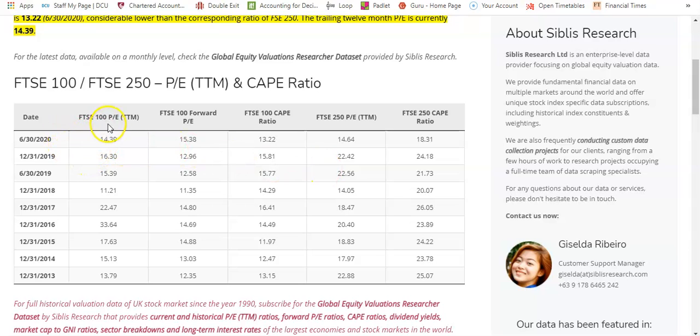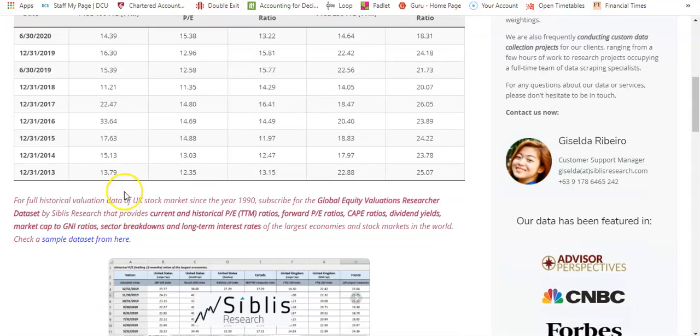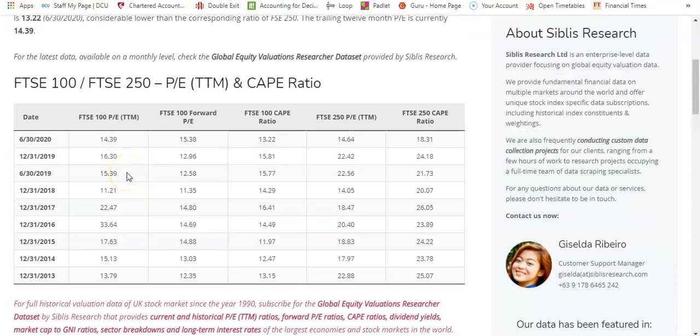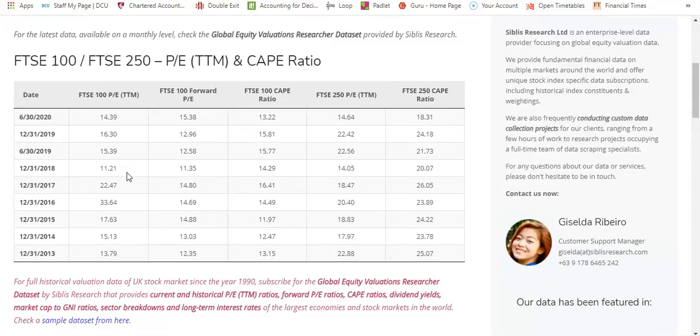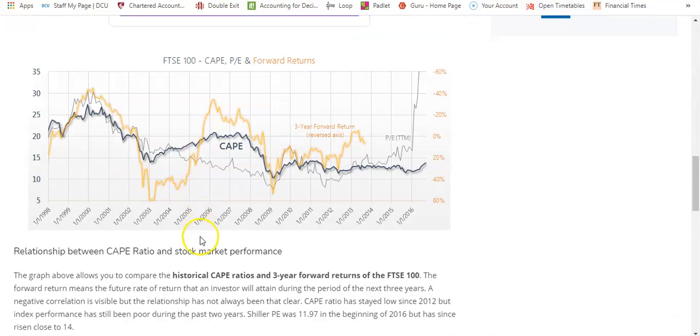It gives you different dates, with the PE ratio around 14, 15, 16, 17 times, as high as 33, as low as 15 or 13, depending on what's happening in the markets and how earnings are going for companies.